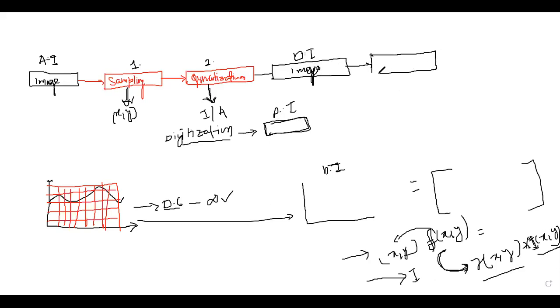Now again you have to convert this digital image to an analog image. I will use the converter to convert the digital image back to analog. Then finally it will display the output.